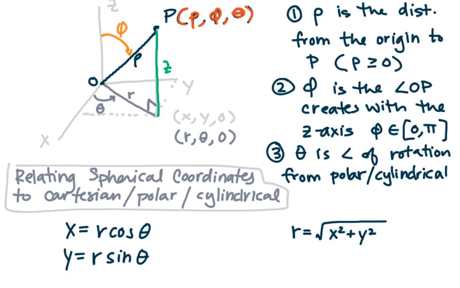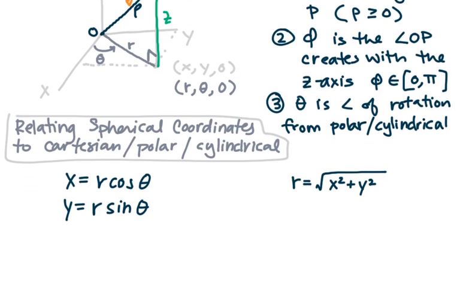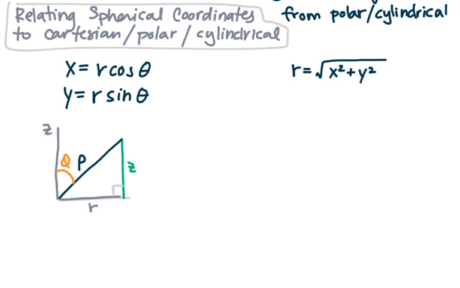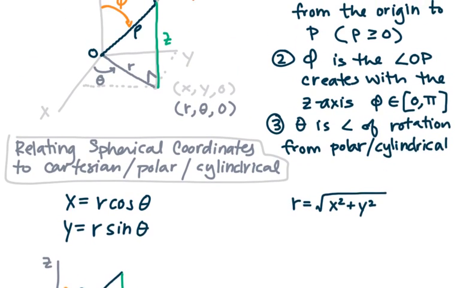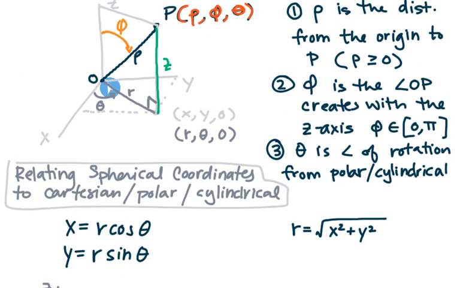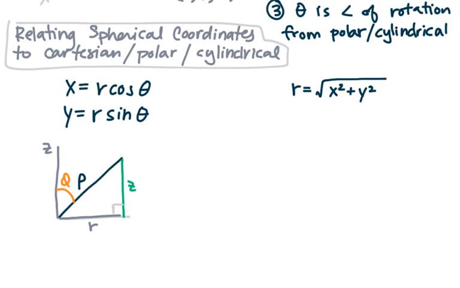What I'm going to do is re-sketch this rectangular plane down here for us. So here I've sketched that triangle r, z, rho in a plane. And we want to, again, think about relating r to rho and phi. We don't want a z in there.